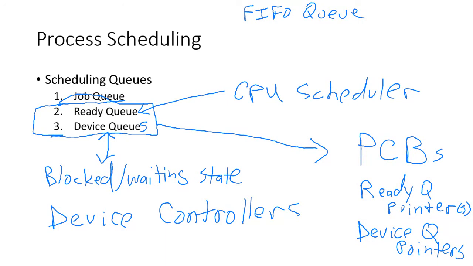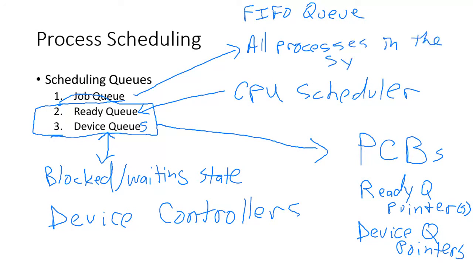If an operating system does have a job queue, every process in the system would be in the job queue.